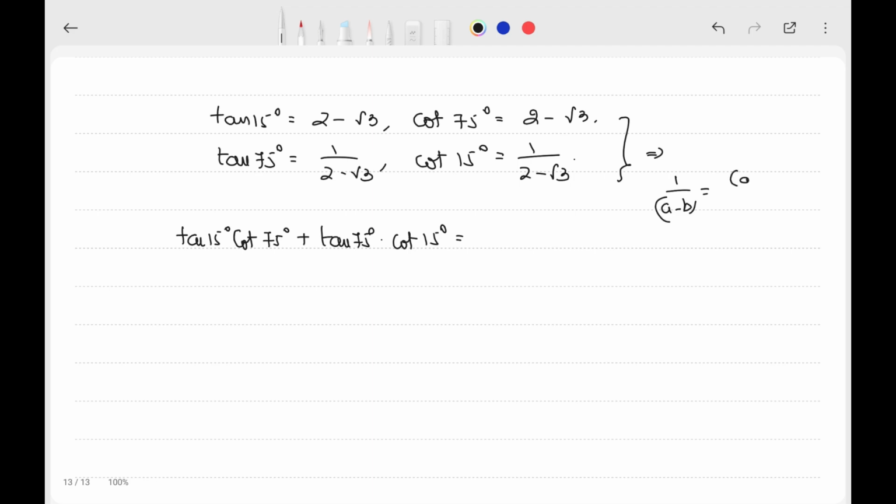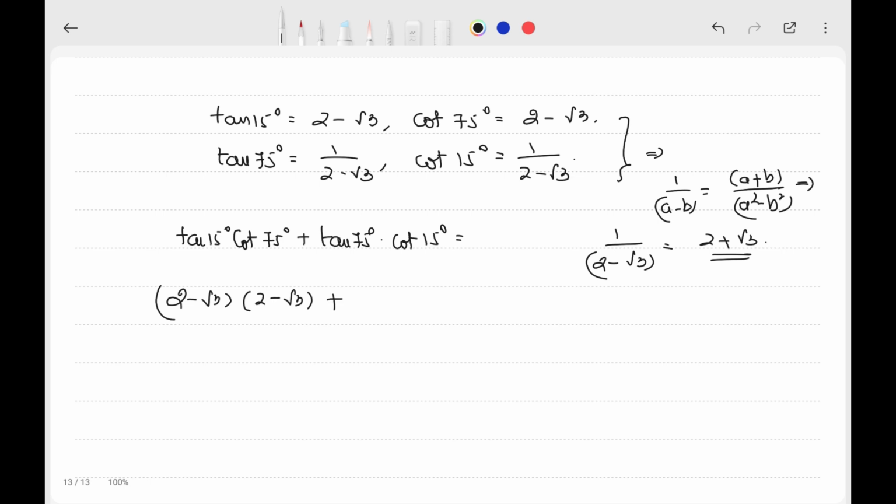A plus b divided by a square minus b square. From this, 1 by 2 minus root 3 is nothing but 2 plus root 3, which we have done earlier. Now substitute these values. What is tan 15? 2 minus root 3. Cot 75, 2 minus root 3, plus what is tan 75?